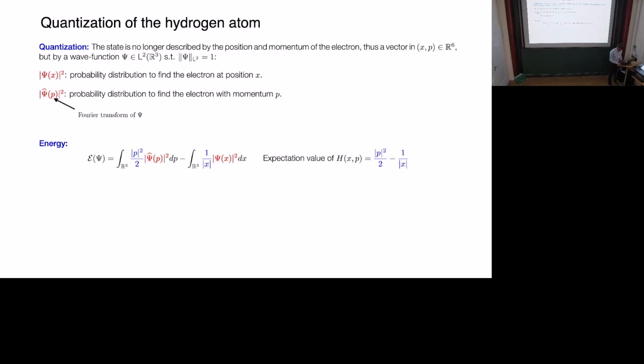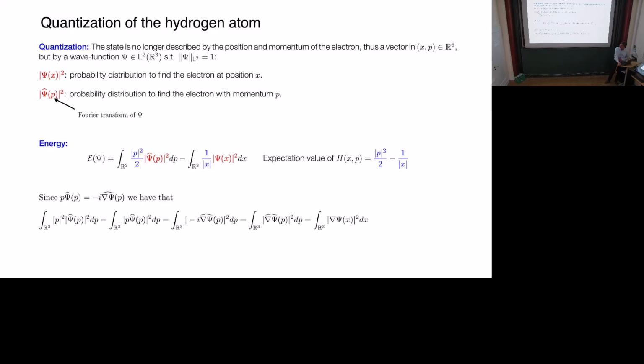You can say this is my energy, just the expectation value in a probabilistic sense, and then use some tricks from Fourier analysis that we saw this morning: if I multiply the Fourier transform by p, I get a minus i times the Fourier transform of the gradient. So we start here with p squared times psi hat squared, which is this term. I take the p in the modulus.